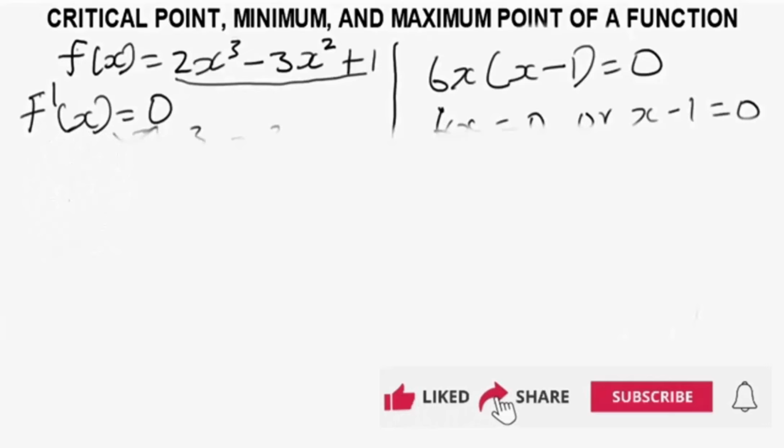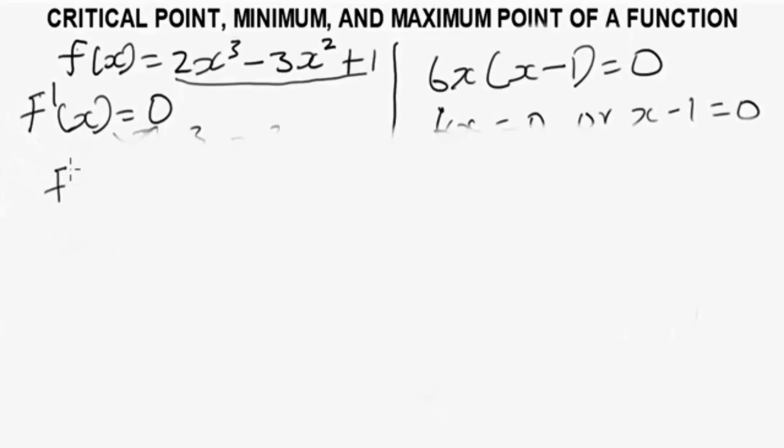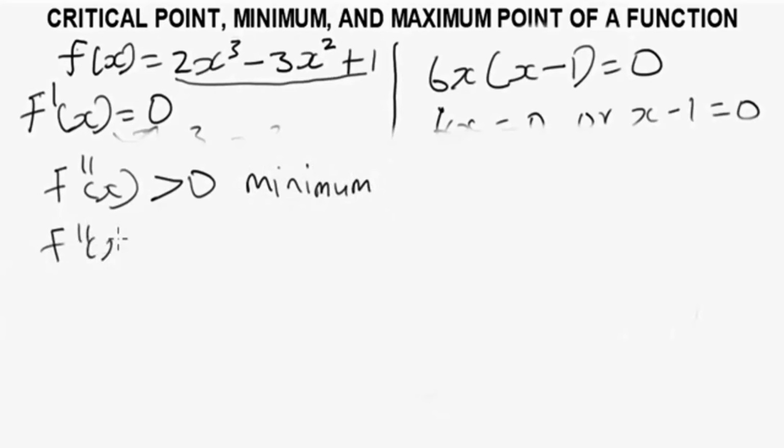For the second derivative test, when f double prime of x is greater than 0, the function is said to be at a minimum. Whereas when f double prime of x is less than 0, the function is said to be at a maximum point, respectively.